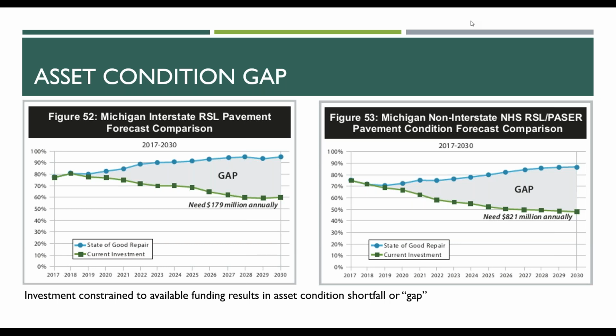In this case, our state of good repair. And we can report in our TAMP document and also to our stakeholders in the legislature, the public, whoever, that we have some rough ideas of how much funding we would need to achieve different goals that we may not currently have the funding for.